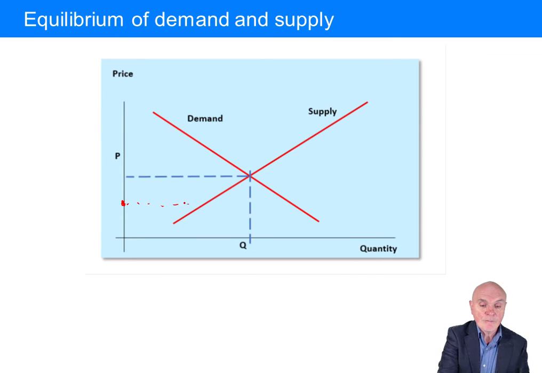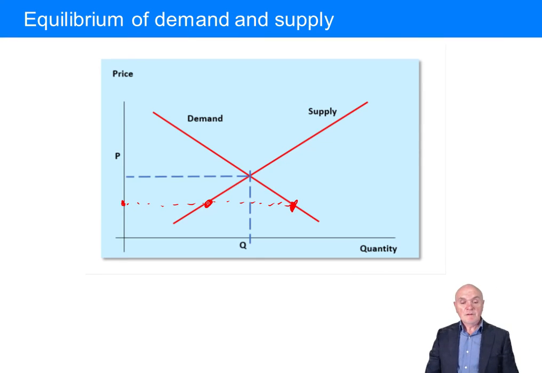At this low price, you'll see the demand exceeds the supply. So demand has not all been met. There'll be people anxious to buy these products, but they simply won't be available. We have a situation here of excess demand.